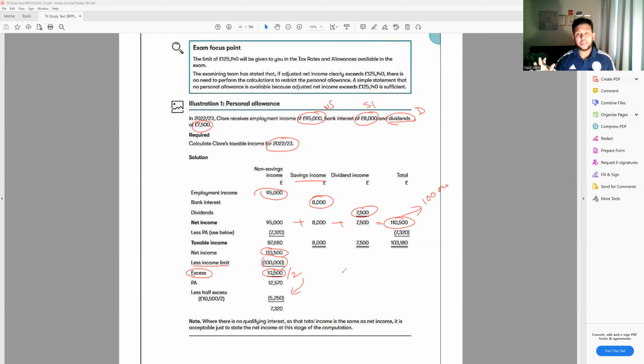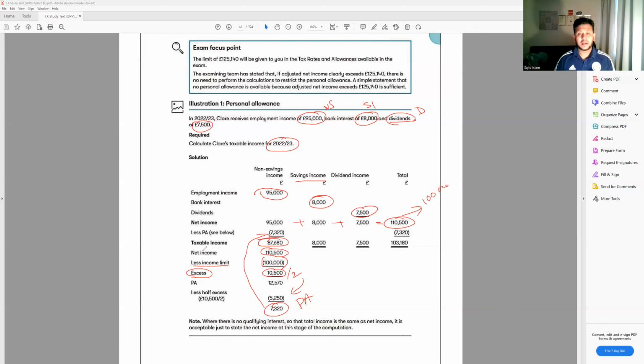From the total personal allowance, I'm going to minus 5,250, and my remaining personal allowance will be 7,320. This is the one I'm going to minus from the non-savings income to find my taxable income.